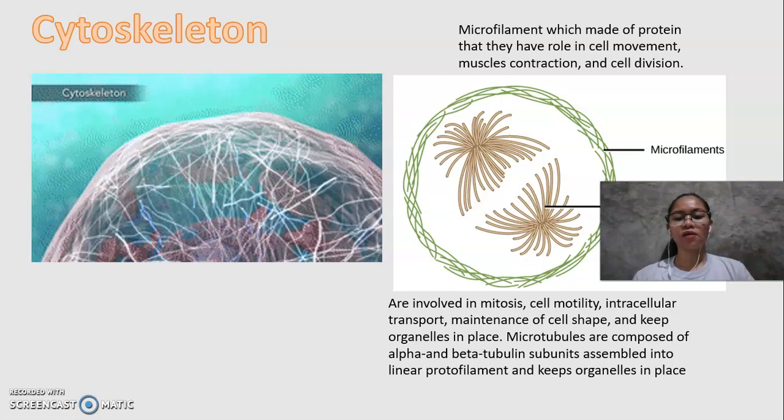Another are the microtubules. Microtubules are involved in mitosis, cell motility, intracellular transport, maintenance of cell shape, and keeping organelles in place. Microtubules are composed of alpha and beta tubulin, assembled into linear protofilaments.